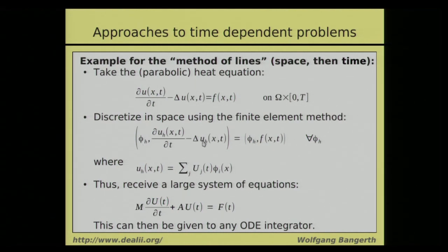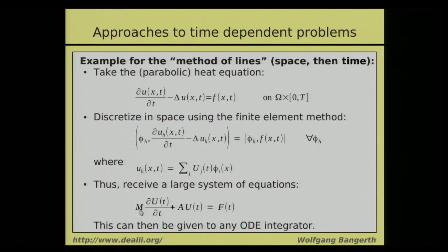I replace my u by a u_h, a discrete solution. Then I write my u_h as a linear combination of these shape functions. This should be a phi_j here, of course, times u_j, and the sum over j. And then if I take this expansion and plug it in here, and plug it in here, and I integrate this by parts, I get something like this.